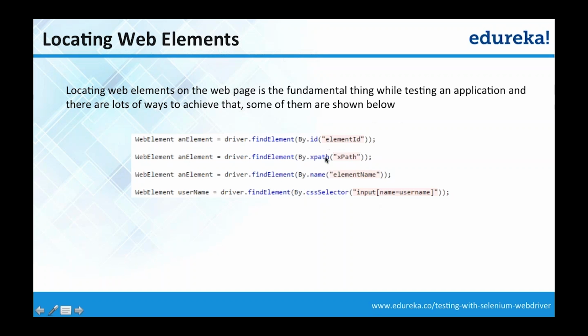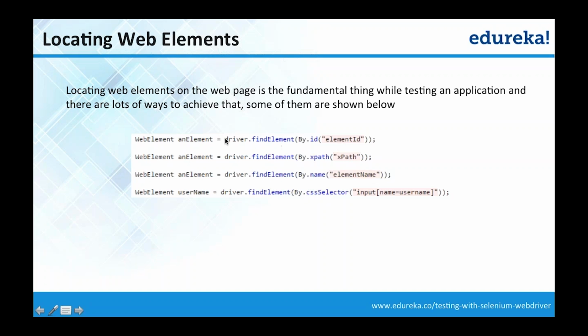It can be in the form of an ID, a name, a CSS selector, or an XPath. These are the different ways which can help you reach your web element. You are not restricted to only these four. You can add as many attributes or addresses as you want, provide their values, and proceed.